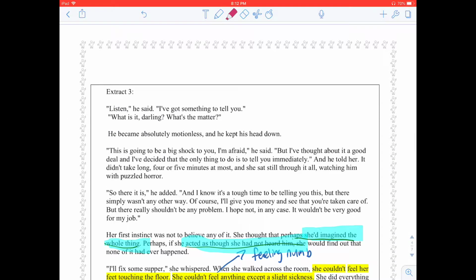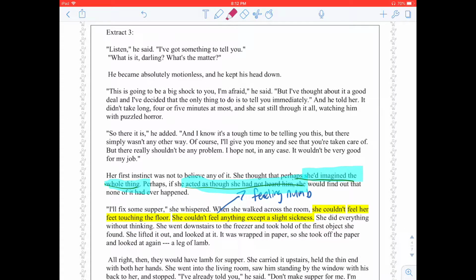Okay, so look at extract 3. "Listen, I've got something to tell you." "What is it, darling? What's the matter?" He became motionless and he kept his head down. "This is going to be a shock to you." I thought about it. It didn't take long, 4 or 5 minutes at most, and she sat still through it all, watching him with puzzled horror. Now look at this.